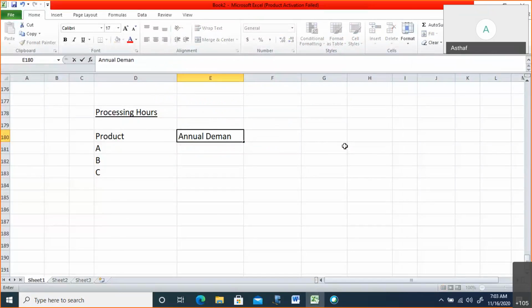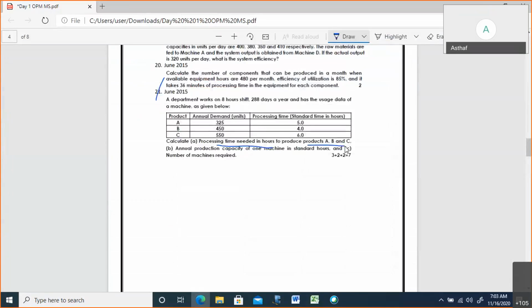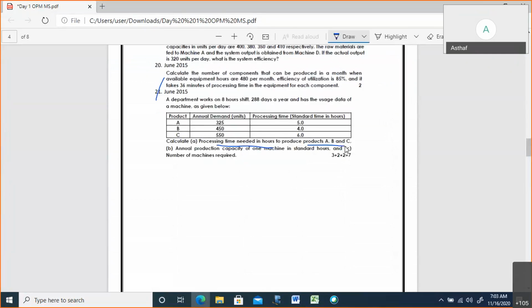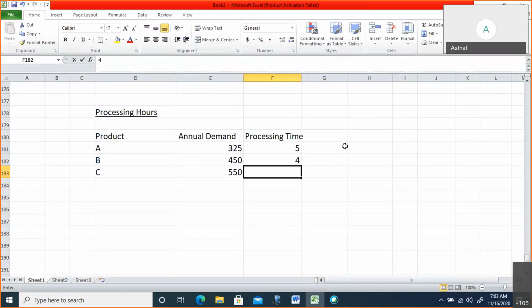Annual demand. What is the annual demand? 325. What is the processing time? 5, 4, 6.